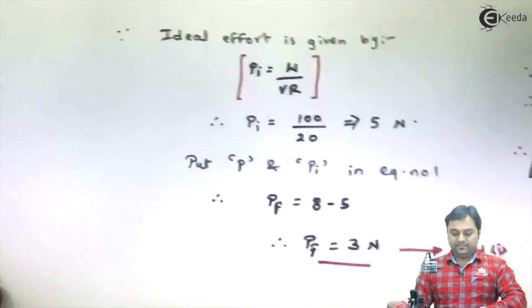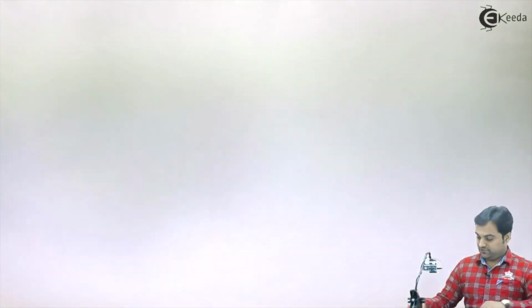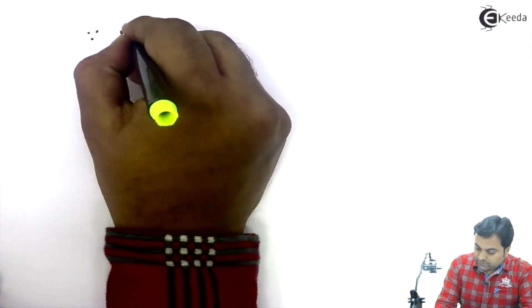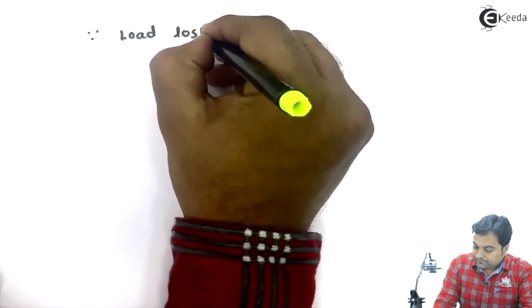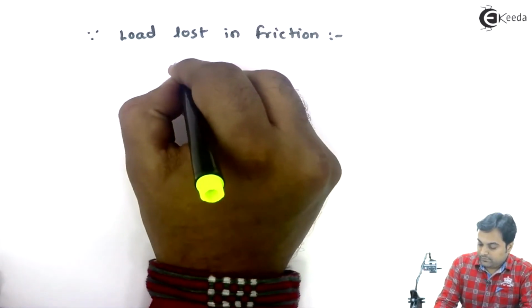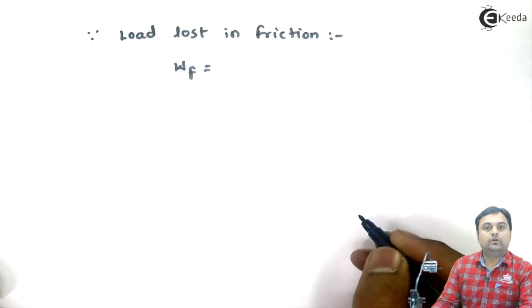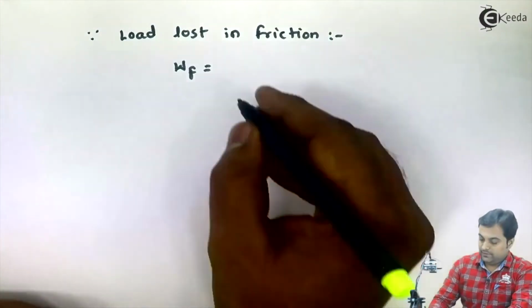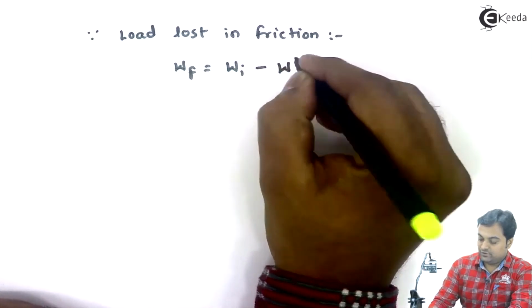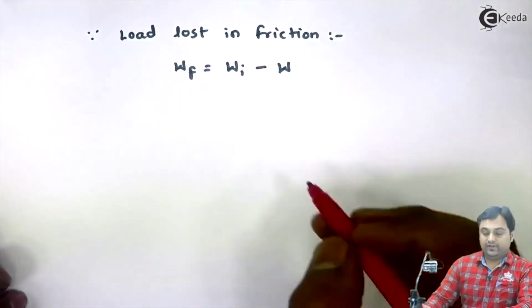The next part is to calculate load lost in friction. Load lost in friction, W suffix F, is equal to ideal load minus actual load, because ideal load value will be more.